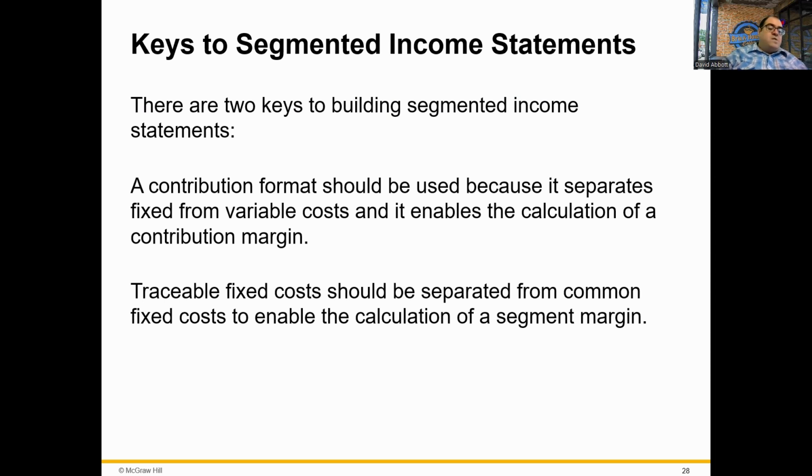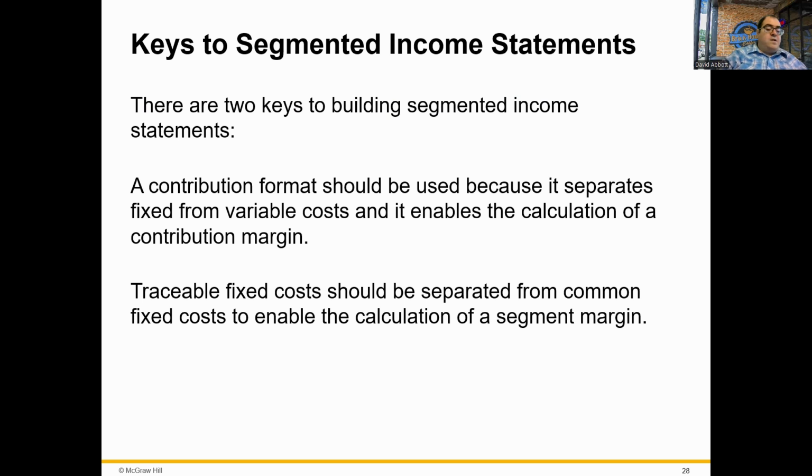The contribution margin is especially useful in decisions involving temporary uses of capacity, such as special orders, to see if we should accept a special order or not, or what the impact of that would be. Second, traceable fixed costs should be separated from common fixed costs to enable the calculation of a segment margin.